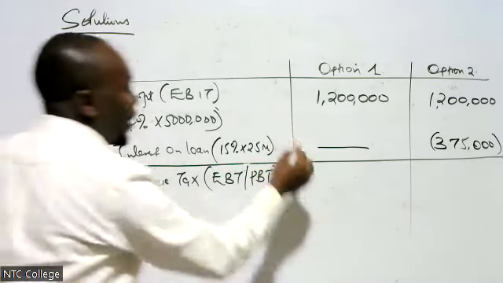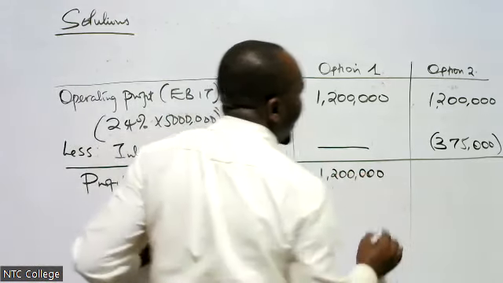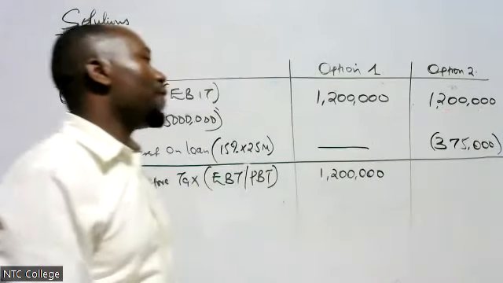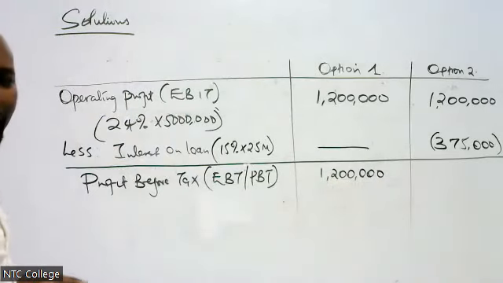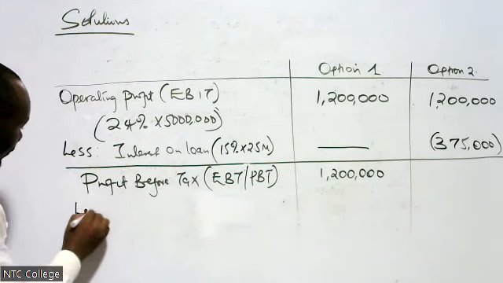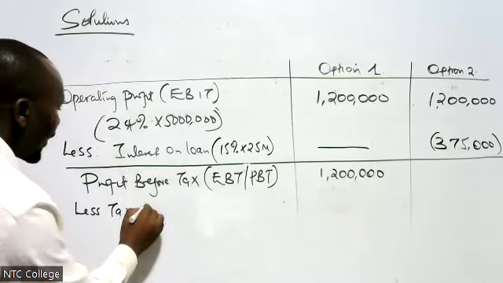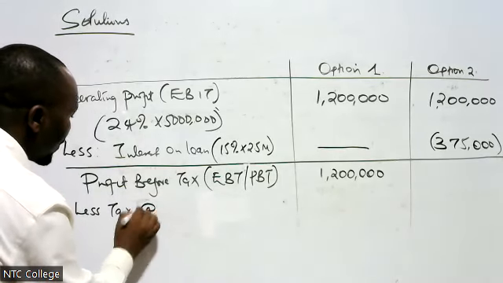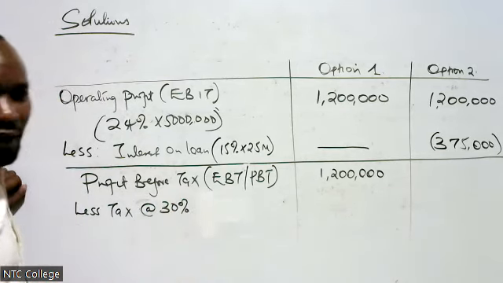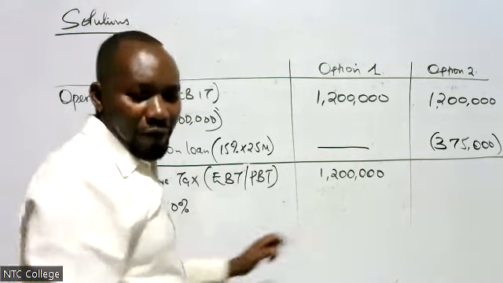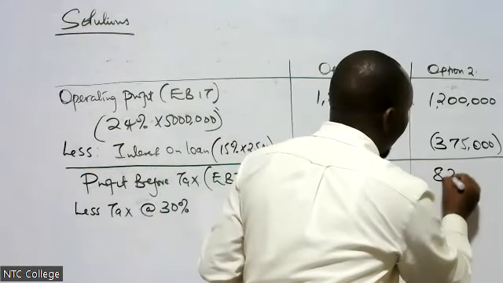So our profit before tax here is going to be 1.2 million because there was no interest. Here, kindly get for me the figure. Then now we less tax. Tax we are told is at 30%. So our figure on this other side is 825,000.